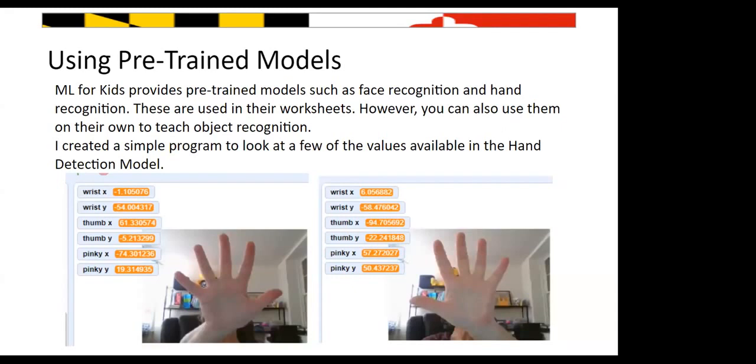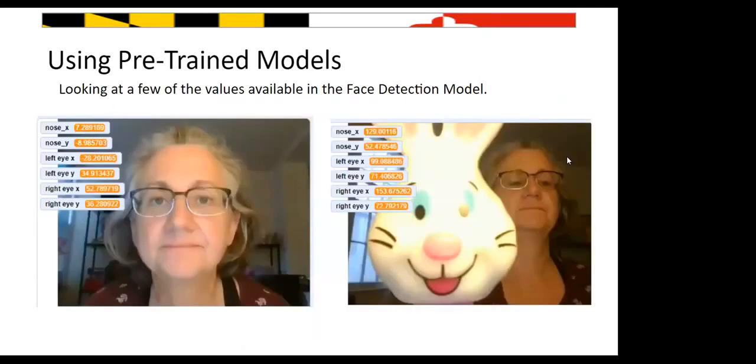Making reasoning about the numbers, and also the fact that it's a picture. We see a hand, but we're going to only use numbers to train it. Nothing to do with the picture, just those numbers.